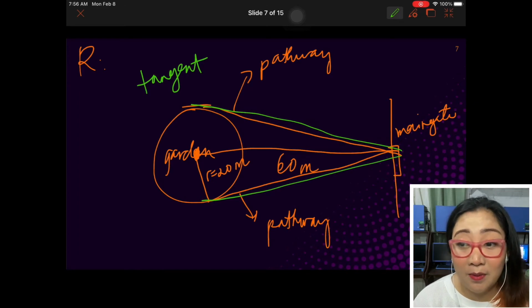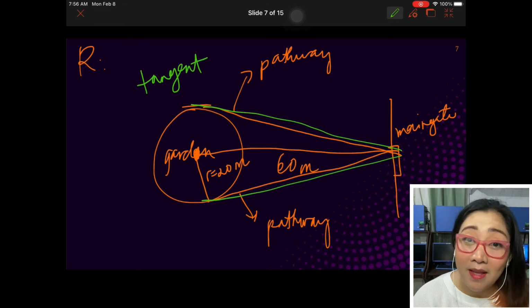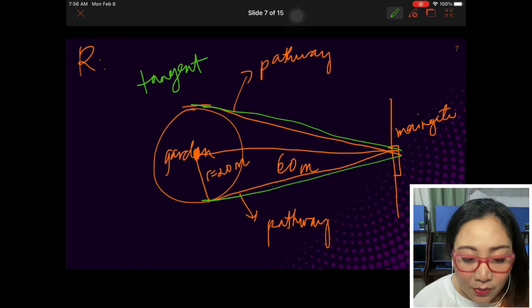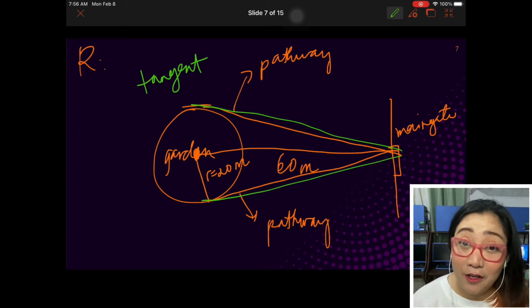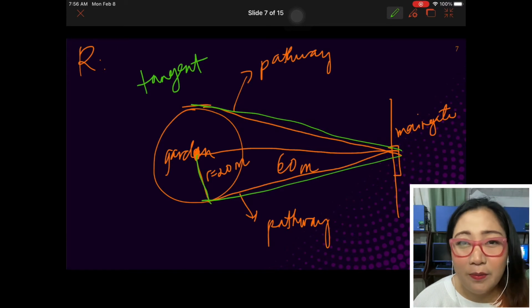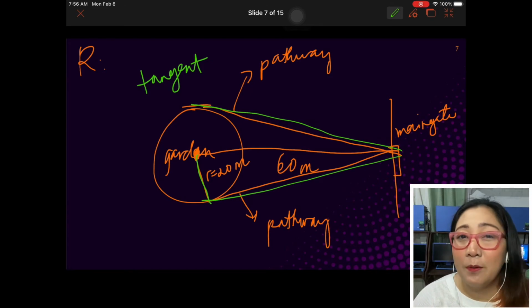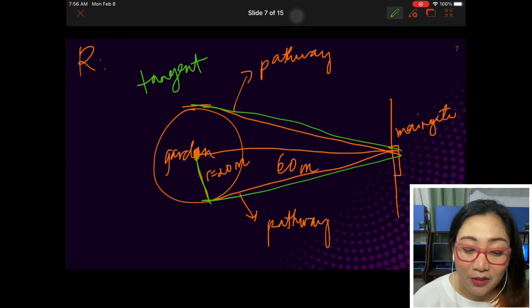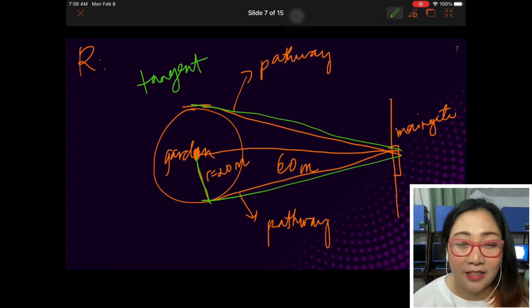Yun yung hinahanap, diba? How long is each pathway? So, given yung ating radius, okay? Ano na nga ang ating theorem kapag sinasabi natin na may radius tayo, tapos may tangent tayo sa circle. Remember?